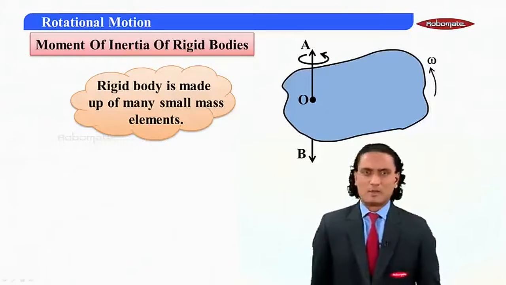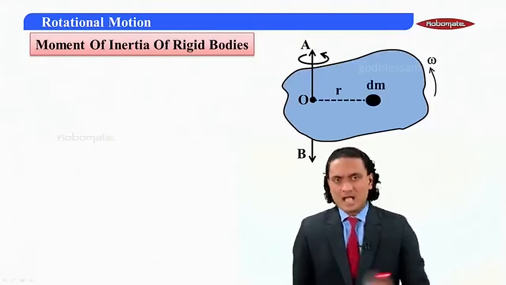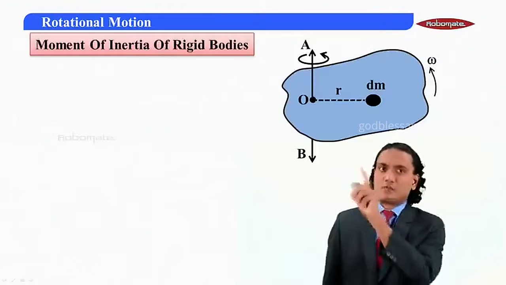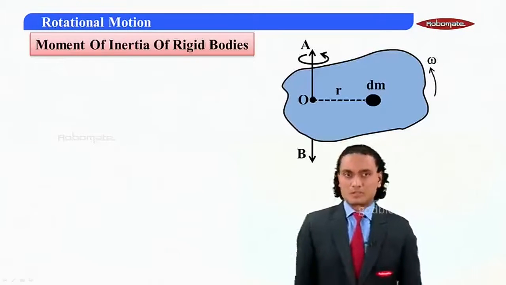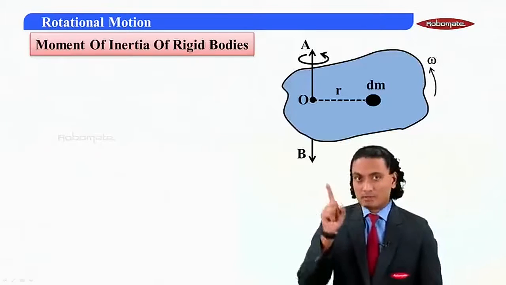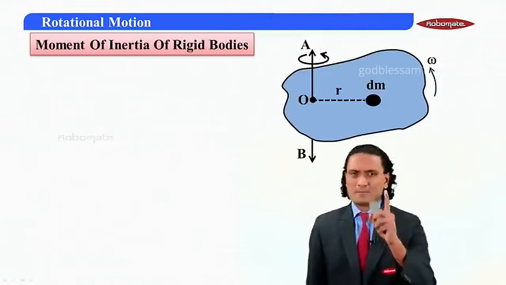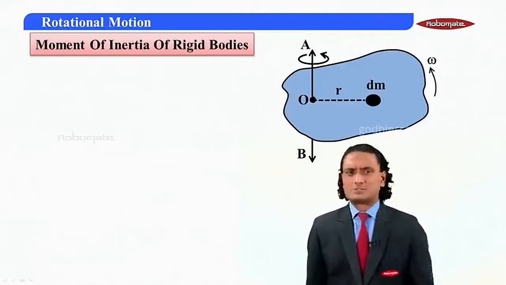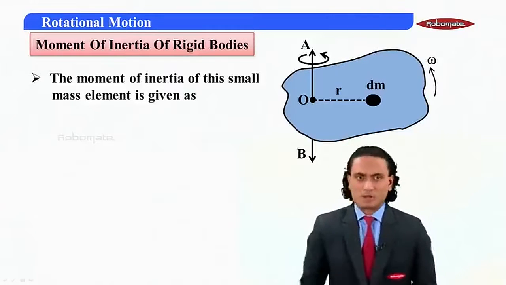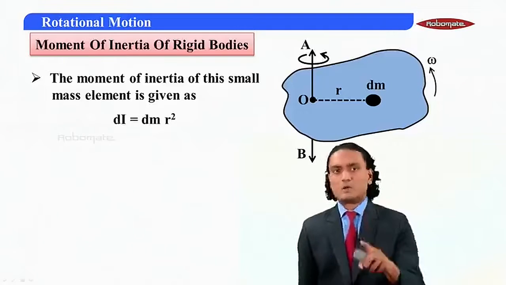So what I'm going to do here is, I'm going to consider one small mass element dm, and this mass element is at a perpendicular distance of r from the axis of rotation. Is that clear? Now, let me find out the moment of inertia of this mass element. See, mass is small, so the moment of inertia will be dI. dI is equal to dm into r square.